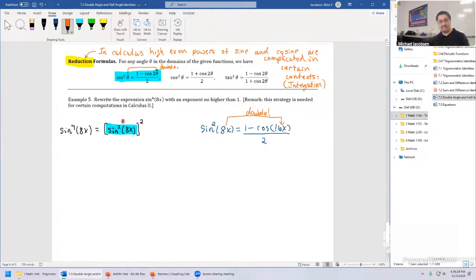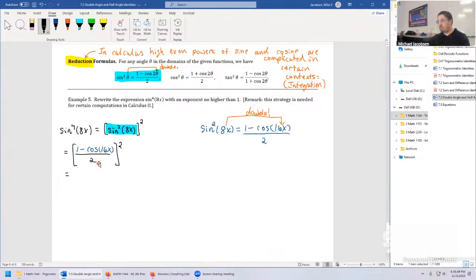Except it plugs back in here, and we still have to square it. But we're getting down to what we'd like to get. So this on the next line is equal to 1 minus cosine 16x. Power has been reduced. Now the whole thing is to power 2.